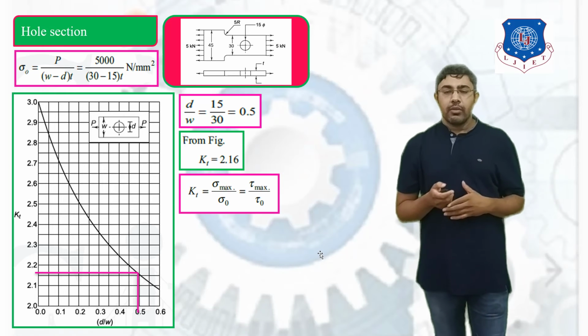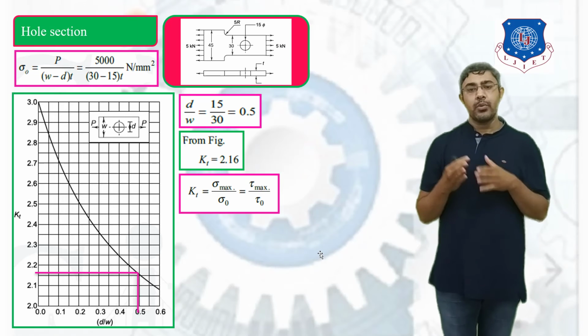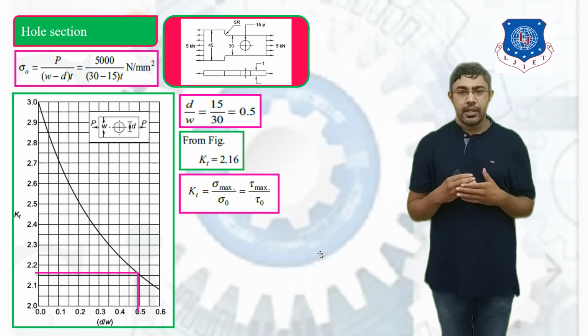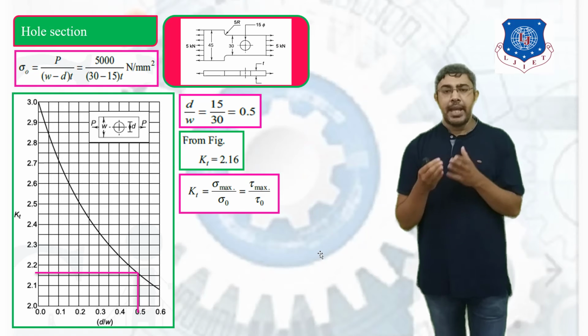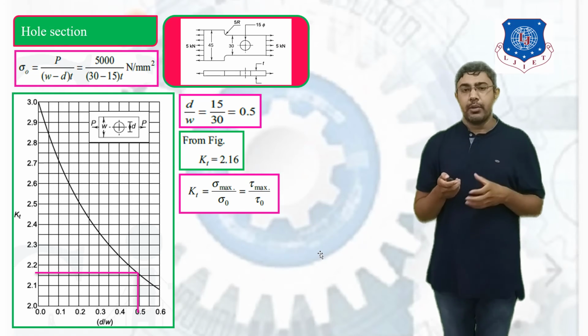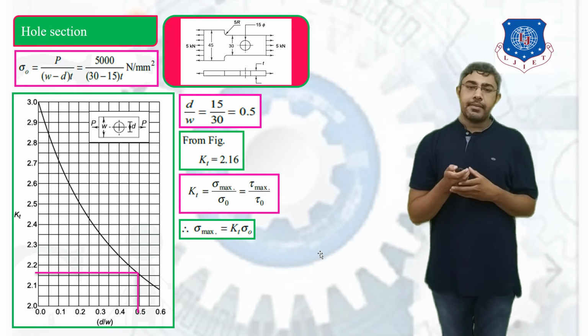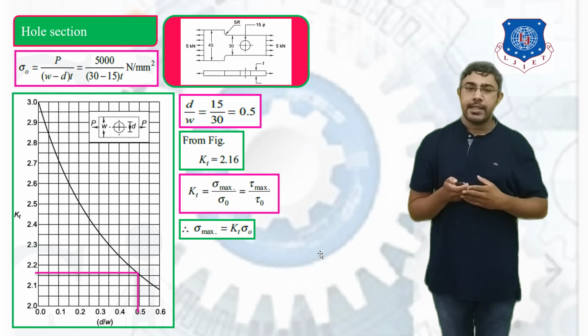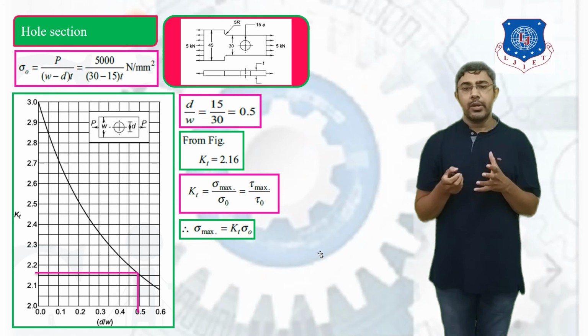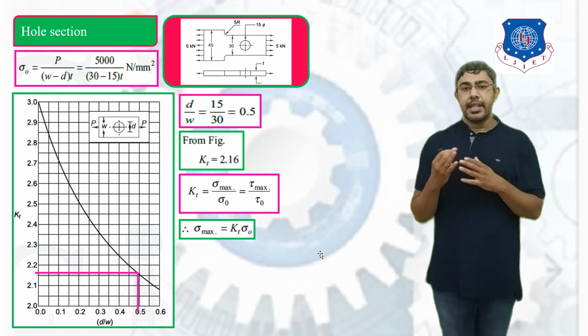Now what is the equation of stress concentration? Kt is equal to sigma max upon sigma 0. We use this equation to calculate the maximum stress, so sigma max becomes Kt into sigma 0. Now we have both the values, the stress concentration factor Kt and sigma 0.